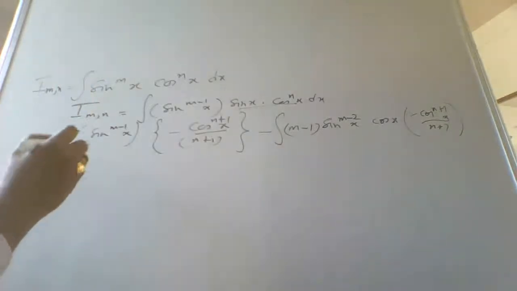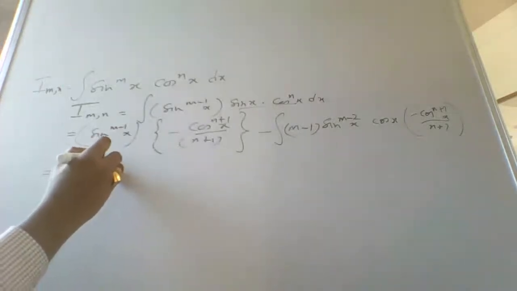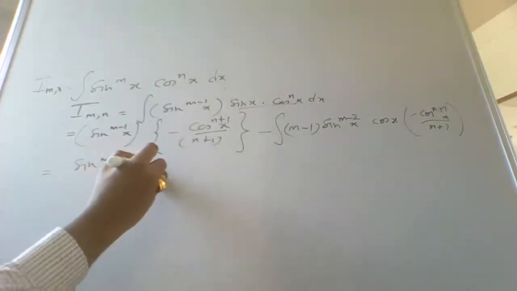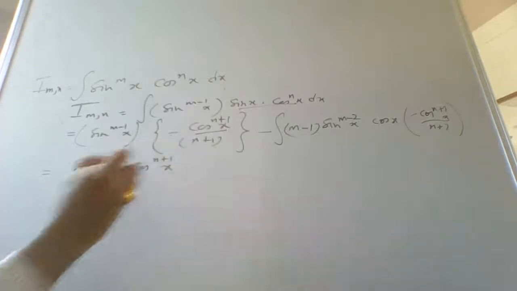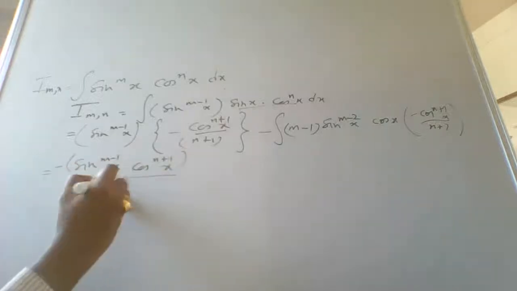So let us further simplify this, where it makes it easier to understand. So sine to the power of m minus 1 x and cos to the power of n plus 1 x, and this is minus divided by n plus 1.